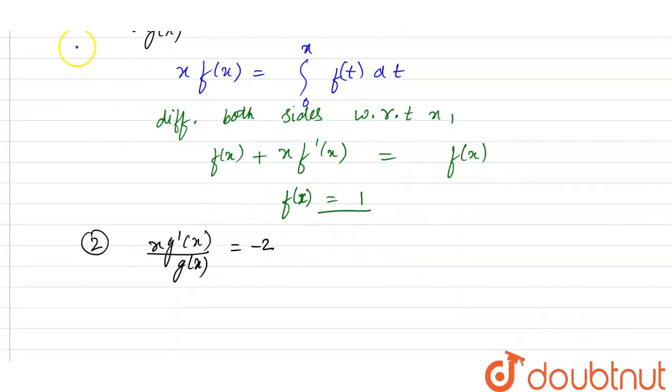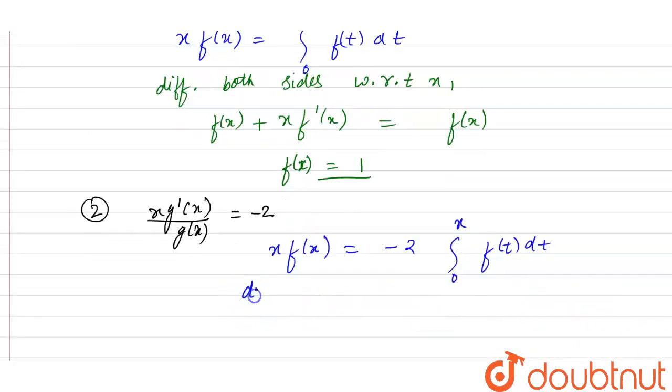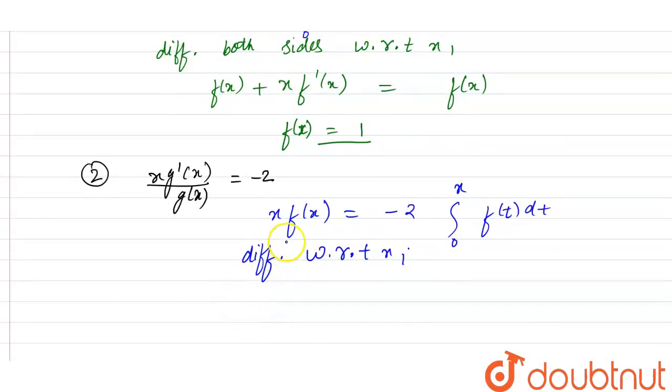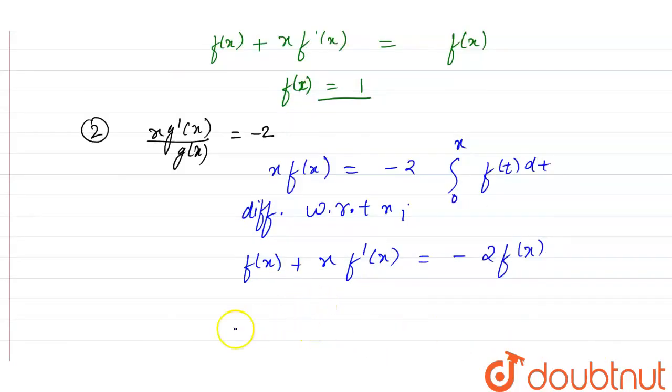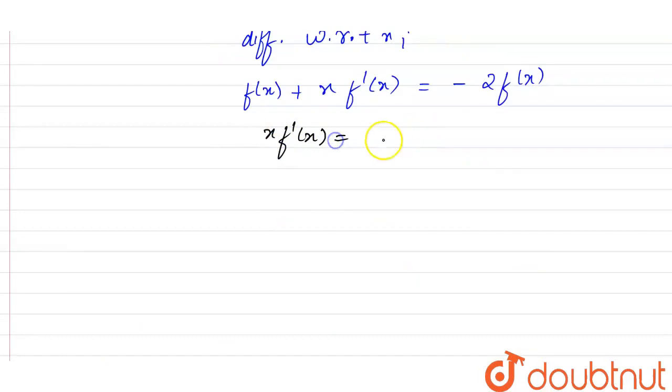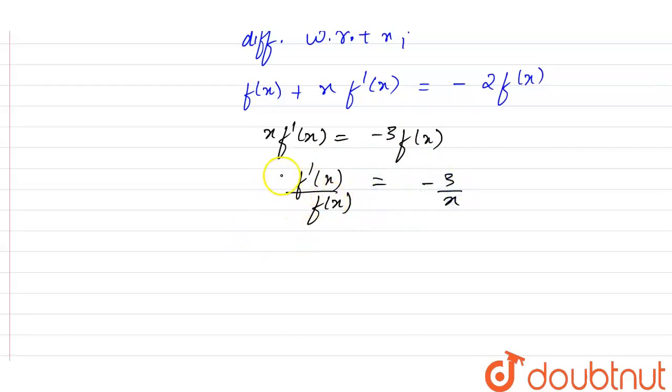From here we have x·f(x) equal to -2 times the integral from 0 to x of f(t) dt. Differentiating again with respect to x, we have f(x) + x·f'(x) equal to -2·f(x). So x·f'(x) is equal to -3·f(x), which gives f'(x)/f(x) equal to -3/x. Now we integrate both sides with respect to x.